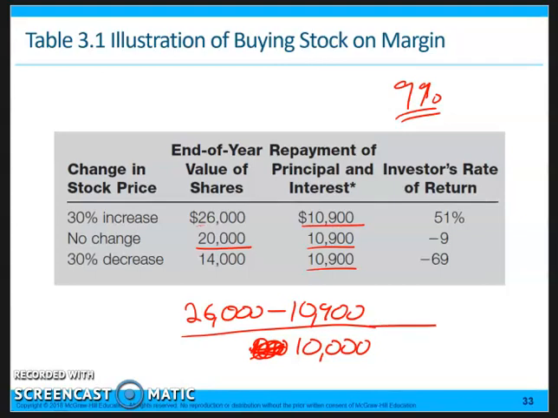So here we go. We have to subtract out our initial investment. So we have $5,100. There we go. $5,100 divided by $10,000, which is our 51%.